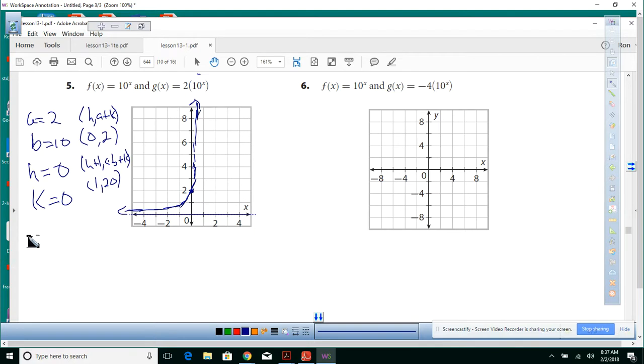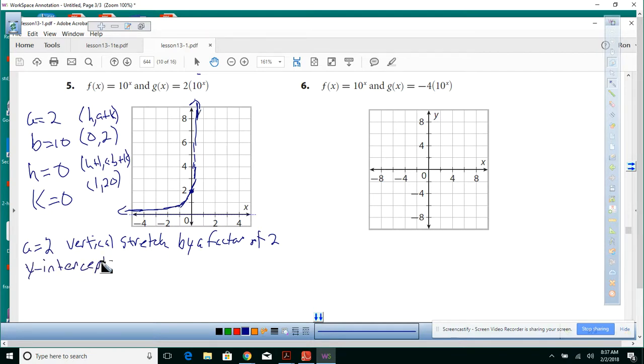All right, so let's see here. Our A is 2. A equals 2, so that's going to be a vertical stretch by a factor of 2. And let's see, the y-intercept.